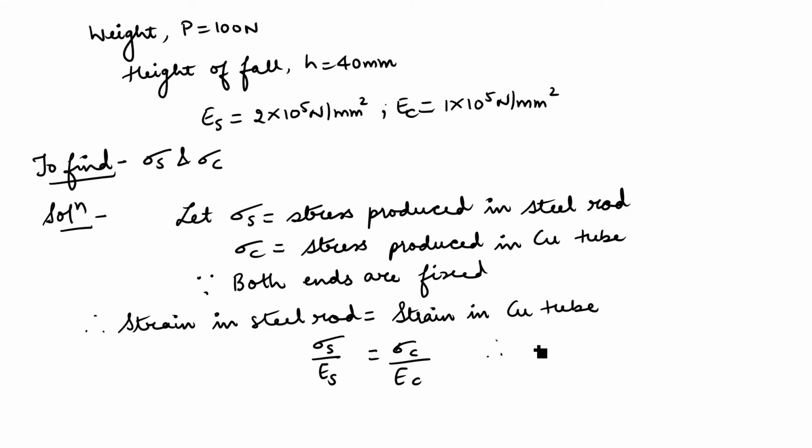Therefore, I can say sigma S is equal to ES upon EC into sigma C. When you substitute these two values, you can see here it is 2 into 10 raised to 5 upon 1 into 10 raised to 5. The 10 raised to 5 gets cancelled from the numerator and denominator. So what remains is just the value 2 into sigma C.